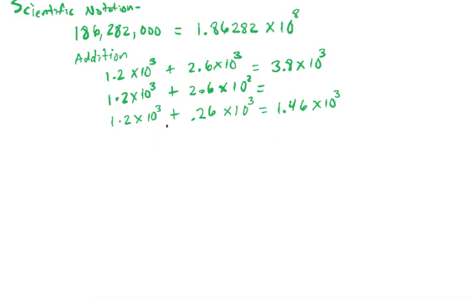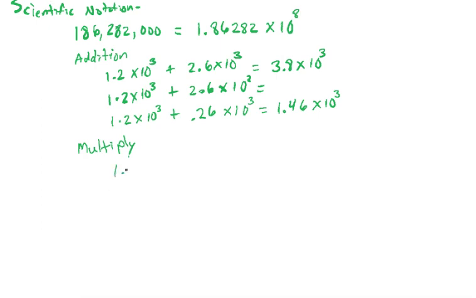So similar type thing for subtraction. You would just do that same sort of thing, but with a minus sign, and that would be fine. For multiplication and division, to multiply, you don't have to worry about making the factors of 10 the same. You just have to worry about multiplying these two numbers out in front and then adding the exponents that we have there.